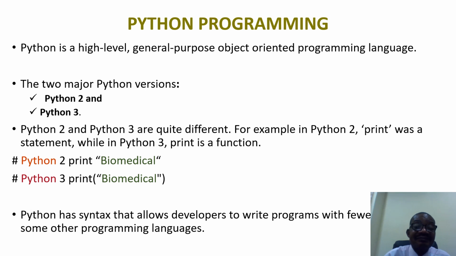It just has the inverted quotation marks. But for Python 3, you must put the parentheses when you write the print command. There are other differences between Python 2 and Python 3. You can find them in a lot of online resources.